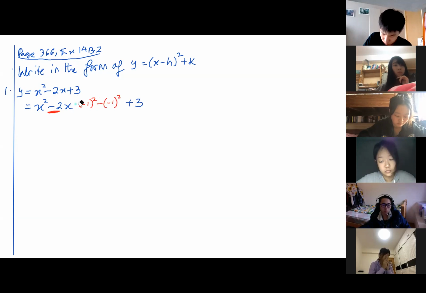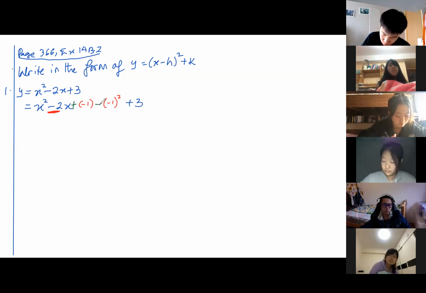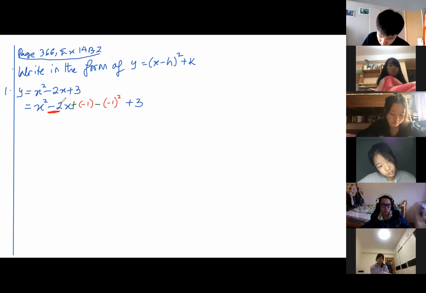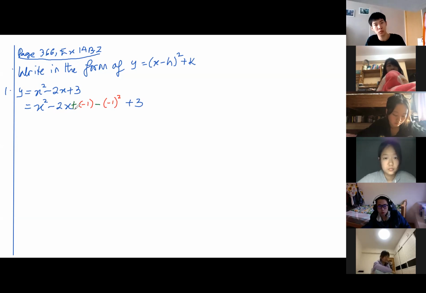I use different color for my addition and subtraction. I'm adding and I'm subtracting. Can you see? How do I get my -1 squared? From half of this. So please be careful with some of this minus, minus, plus, plus. Now, you have to be very careful. You forgot the square. That's true. Thank you. That shows us paying attention.